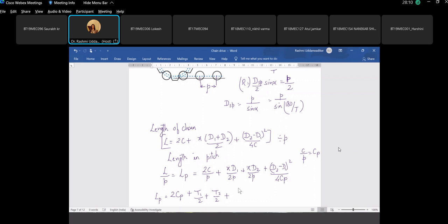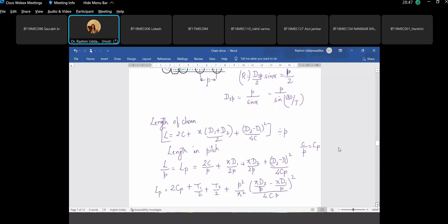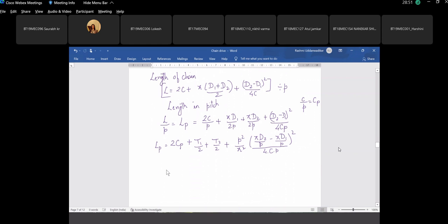I am writing, multiplying and dividing this with p square pi square, so that inside the bracket I can insert (pi d2 by p minus pi d1 by p) whole square divided by 4 times C into P. And so this comes out to be 2 times Cp plus number of teeth on the 2 sprockets, its average, plus this P square and this P, this gets cancelled, leaving 1 P over here.